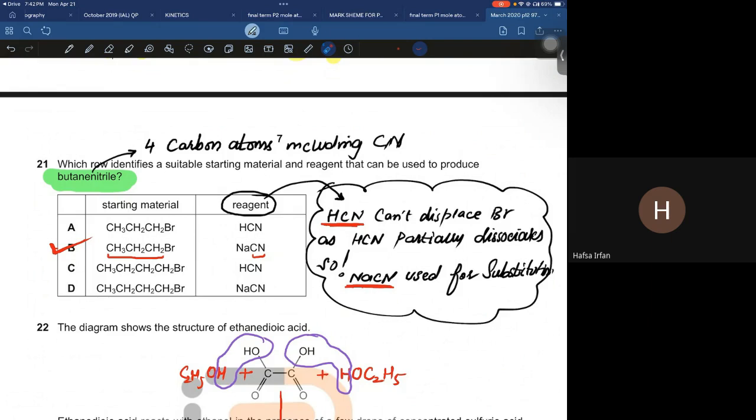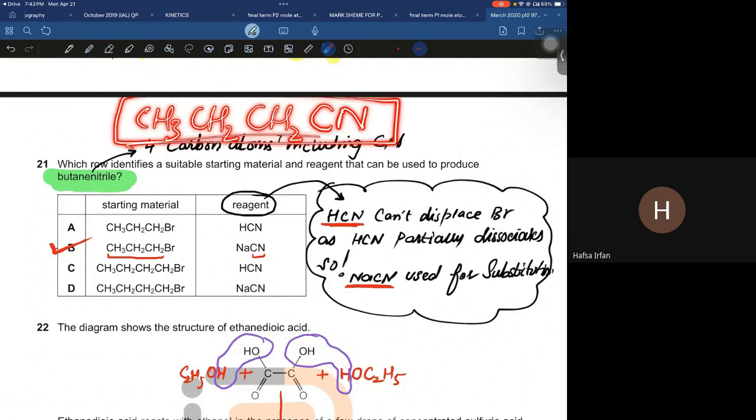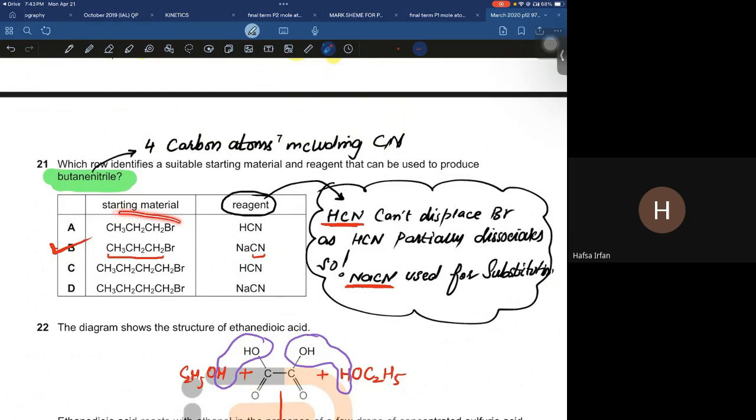Butane nitrile means that it would be CH3CH2CH2CN. It has four carbon atoms, so the starting material is going to have three carbon atoms.